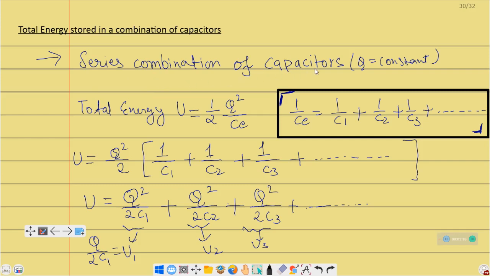We know that in a series combination the charge is constant. That means every capacitor carries the same charge. So the total energy U will be equal to half Q square upon the equivalent capacitor, because here there is more than one capacitor, so we have to take the equivalent capacitor.